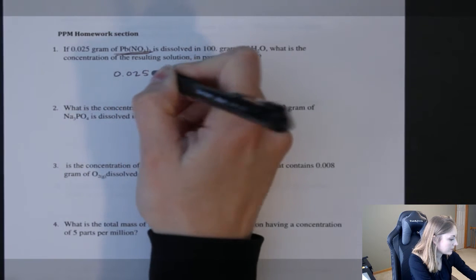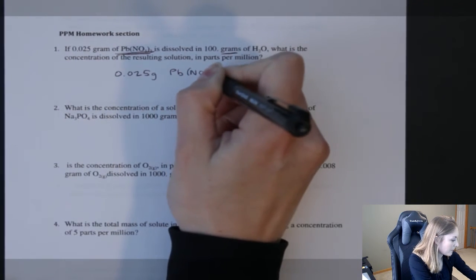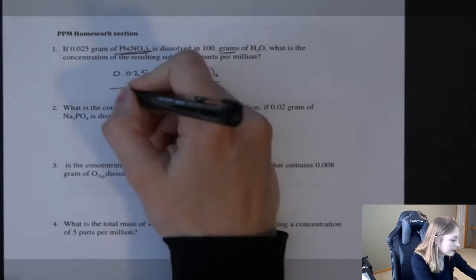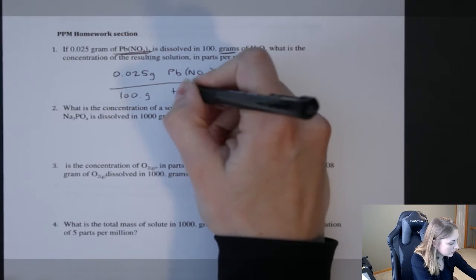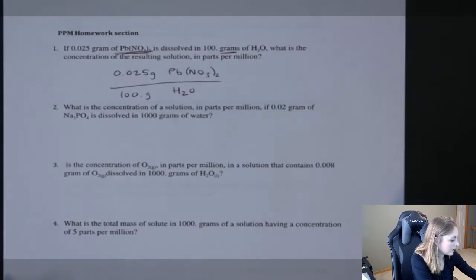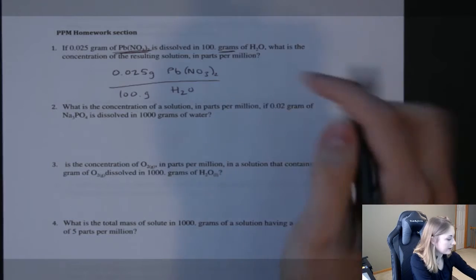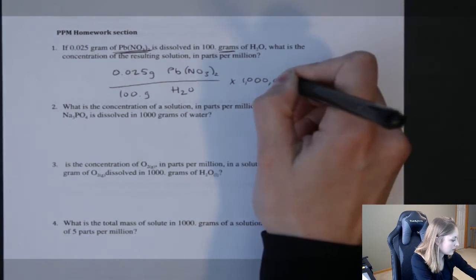So that's going to go up top. And you are going to divide that by our solution total, which is here. And then you're going to multiply that by 1,000,000.